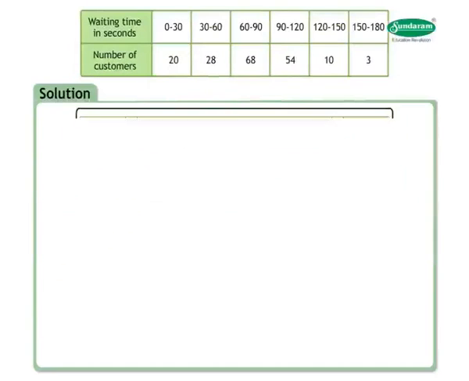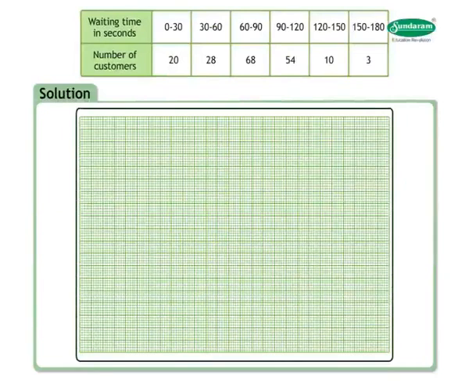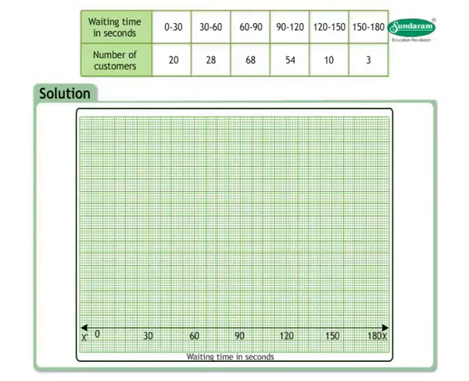Solution. Here, the class intervals are continuous. We will take the extended class intervals on x-axis. We will take scale as 2 centimeters is equal to 30 seconds on x-axis. Now, take frequencies on y-axis.